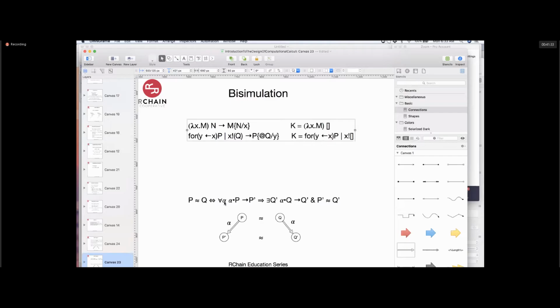Bisimulation gives us equational reasoning tools and exceptionally powerful proof techniques for characterizing those refactorings and substitutability conditions. I can take this rholang contract and put it in place of this other rholang contract and know that my system is going to behave in the same way.